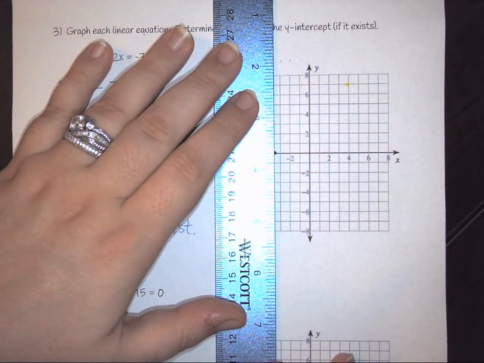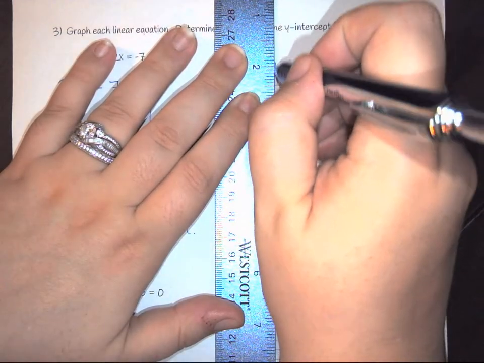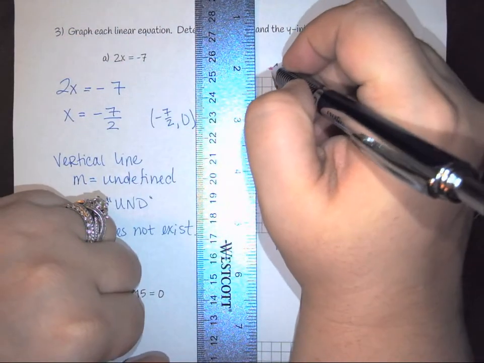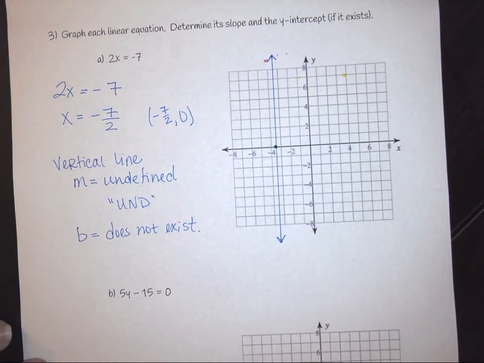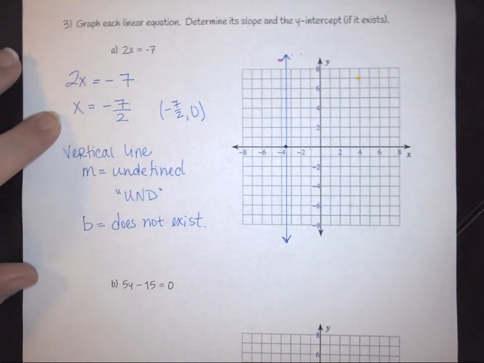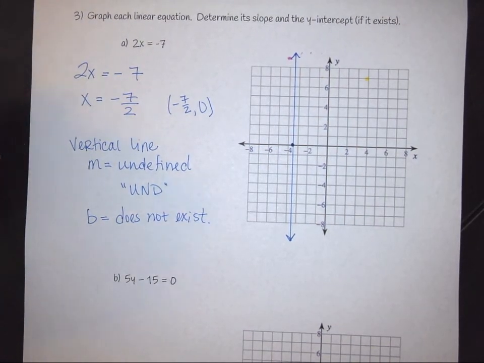So you'll just go ahead and draw yourself as close to a vertical line as you can. Thus, graphing your coordinate point. Now remember, this is that special case. Your special case of your vertical line case.